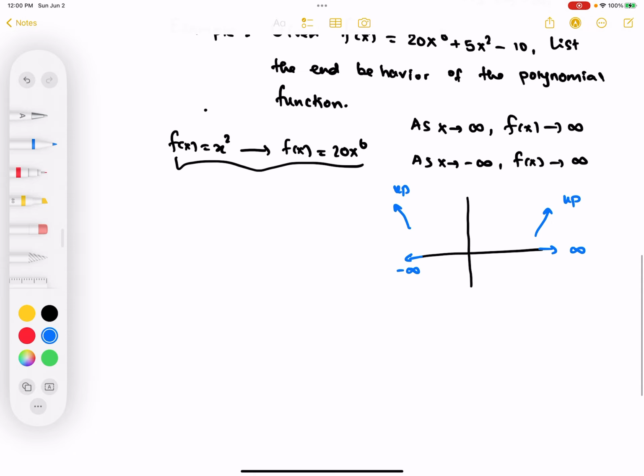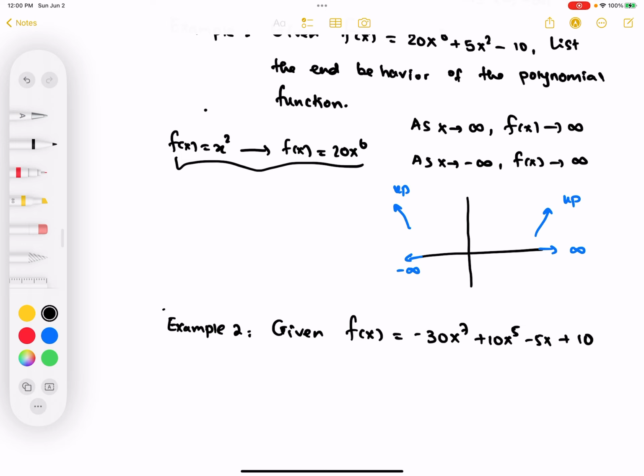For the second one, for example, another example: given f of x is equal to negative 30x to the 7 plus 10x to the 5th minus 5x plus 10. Now look at this one.